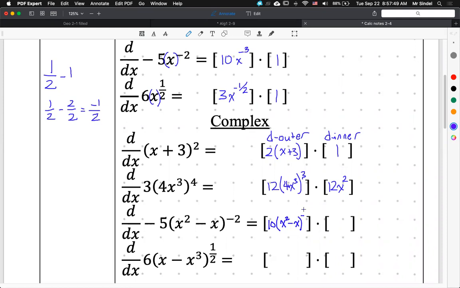There it is, negative 3. I'm really hoping you guys are looking between the simple version up above and the complex down below and seeing how they relate. Okay, and then what about the dinner, Fiona? 2x plus or minus 1. It's 2x minus 1.